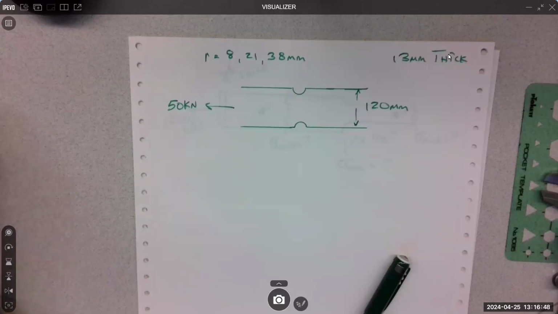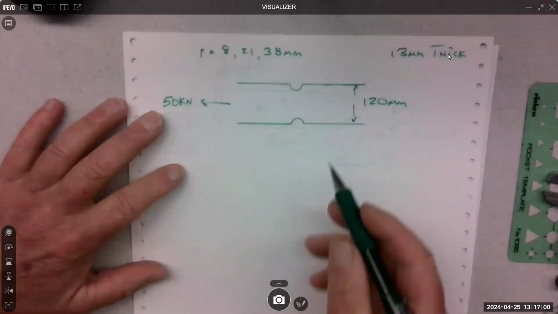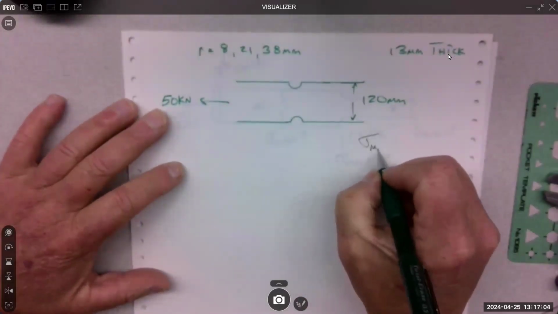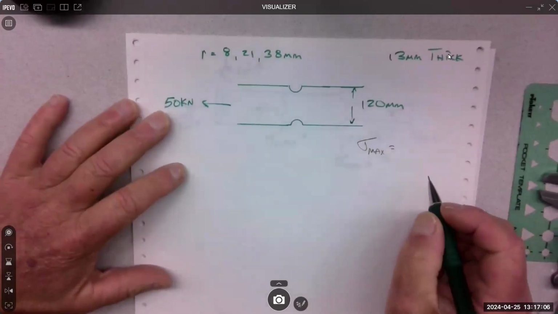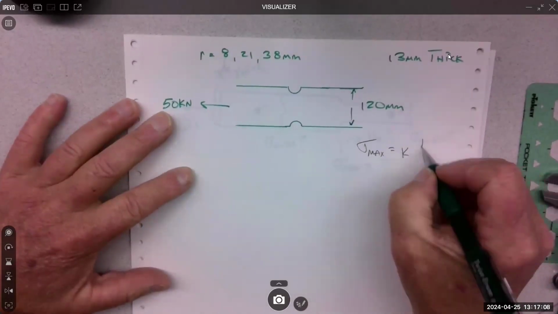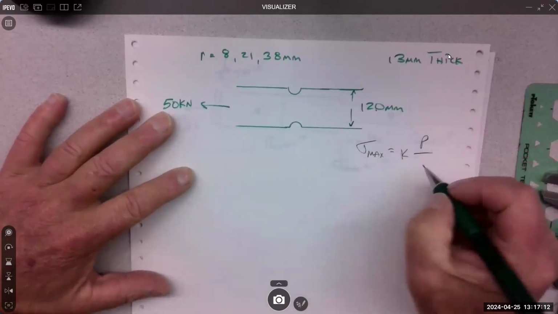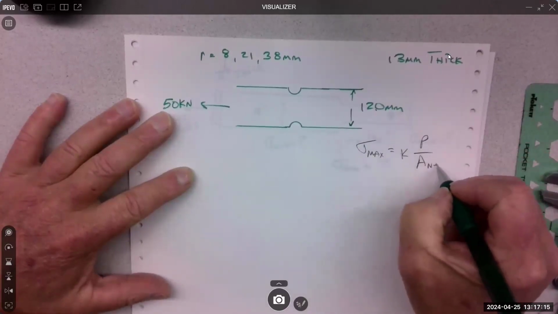Long flat steel bar, 13 millimeters thick, 120 millimeters wide, semicircular grooves. Tensile load of 50 kN, determine the maximum stress in the plate. So going straight after this equation. Stress max equals K P over area net.